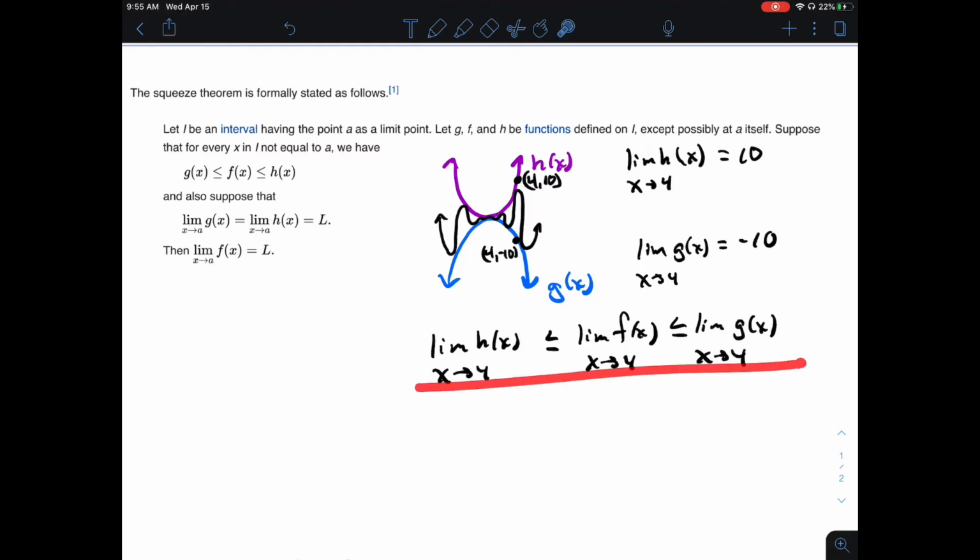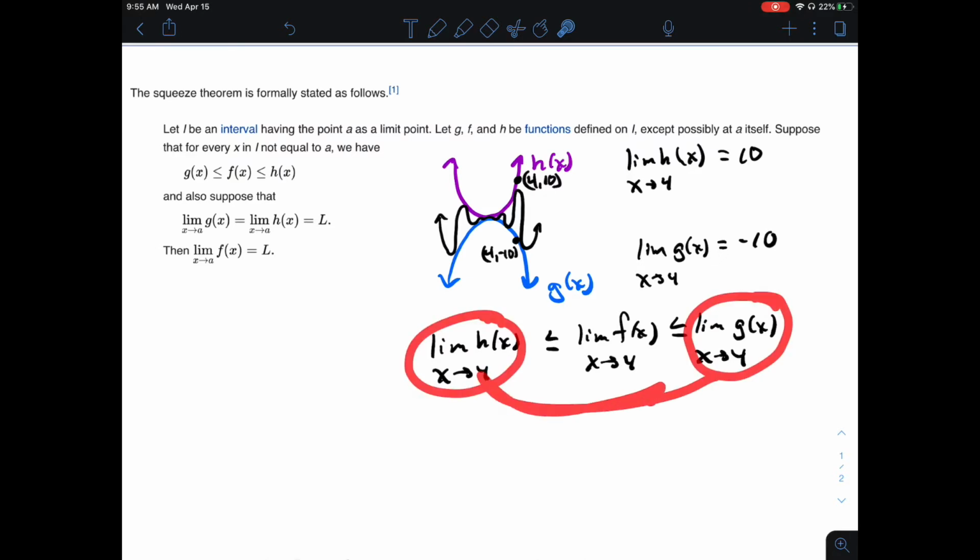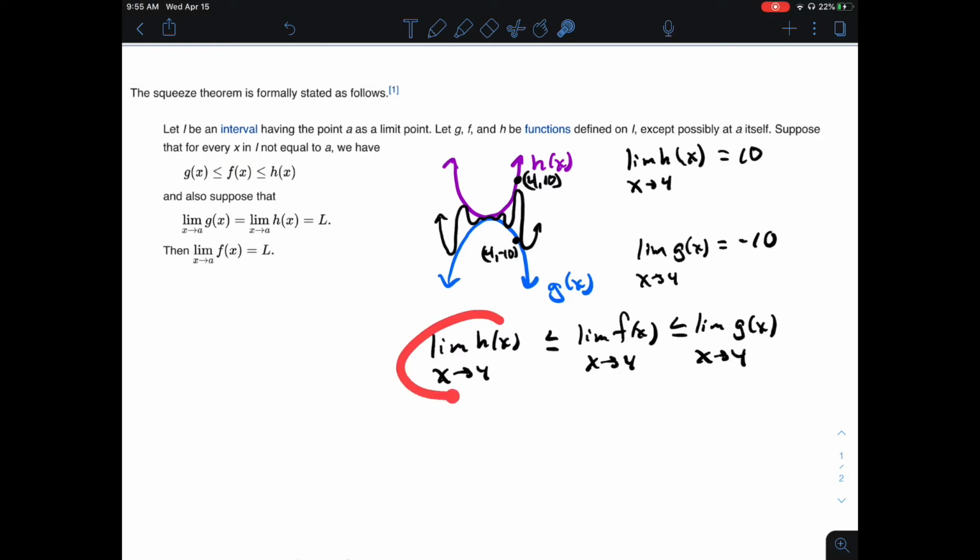Once again, we're saying this is true because g is always the upper curve, h is always the lower curve, and they are squeezing together this function in the middle, which is f of x. So if this, I wrote this backwards. Blimey.